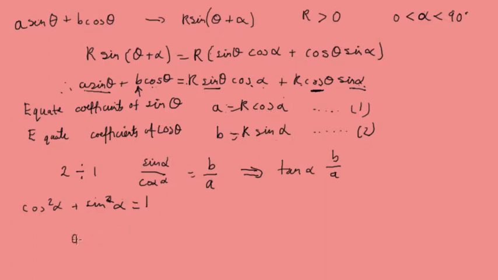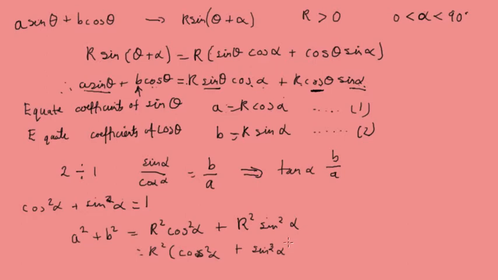So if we do a squared plus b squared, we have r squared cosine squared alpha plus r squared sine squared alpha, and we can take r squared out, leaving cosine squared alpha plus sine squared alpha, and that must be equal to 1.